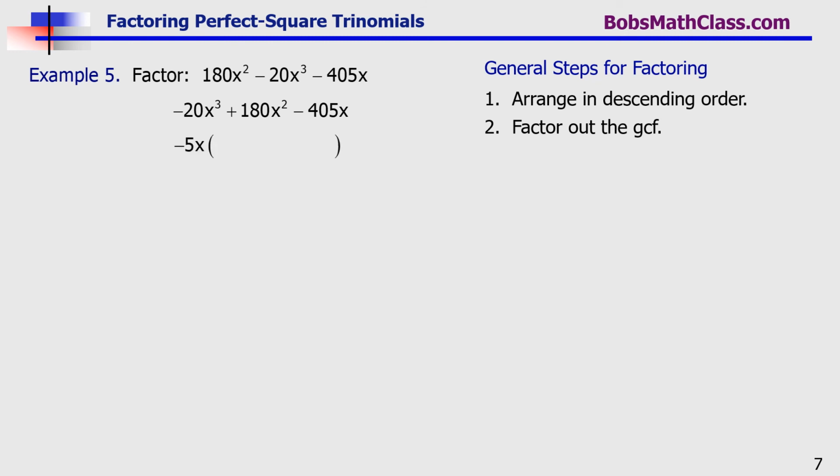Divide each of the terms by negative 5x, the answer goes inside. Okay, so now we have 4x squared minus 36x plus 81. Now we're going to factor that trinomial.